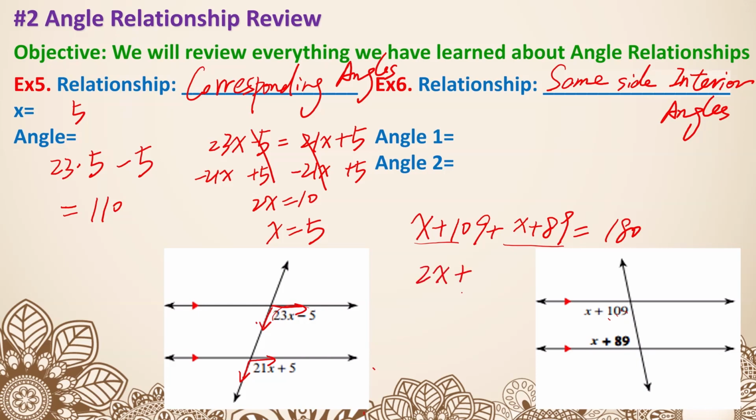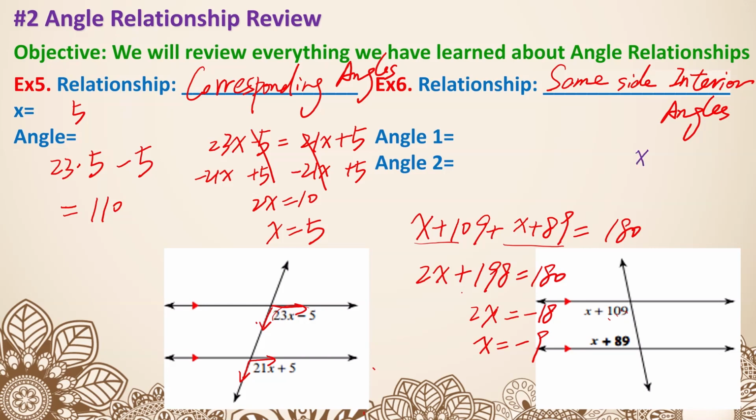2x plus 198 equals 180. Subtract 198 over, so 2x equals negative 18. x equals negative 9. However, we're not done. The question is asking us to find the angles. It doesn't quite matter which one is angle 1, which is angle 2. We're just finding both of them.